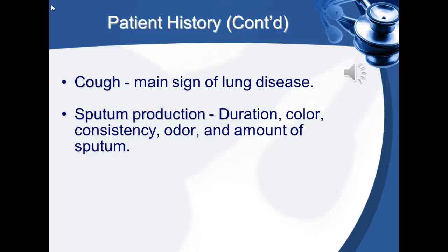A lot of times with bronchitis, that's just related to the inflammation, the cough so much, and the irritation. Patients with TB, pulmonary infarction, bronchial adenomas, which is a tumor, or lung abscess may have grossly bloody sputum. You want to quantify the sputum by describing its volume in terms such as teaspoons, tablespoons, cups, or fractions of cups. Normally, the bronchial tree can produce up to 3 ounces, which is equivalent to 90 milliliters of sputum per day.